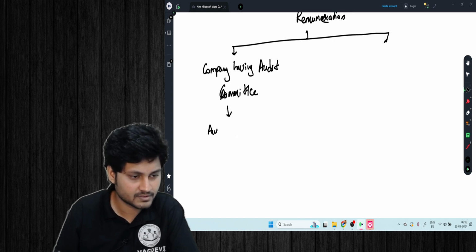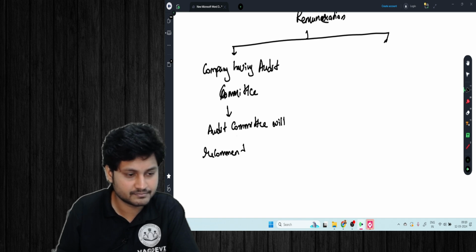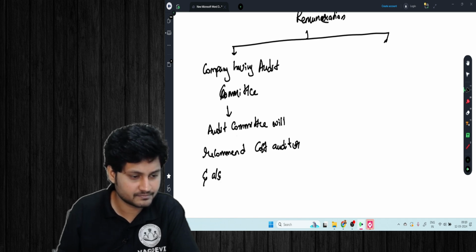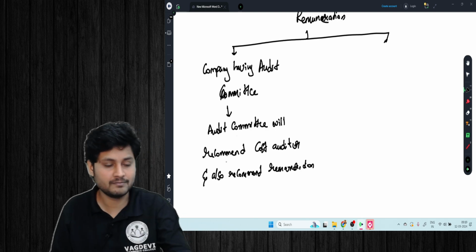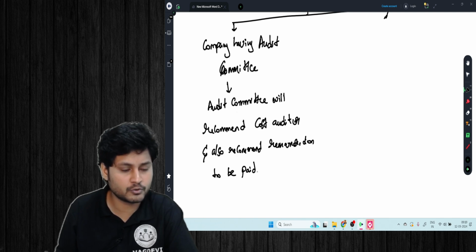Then the audit committee will recommend the cost auditor and also recommend what? The remuneration to be paid.